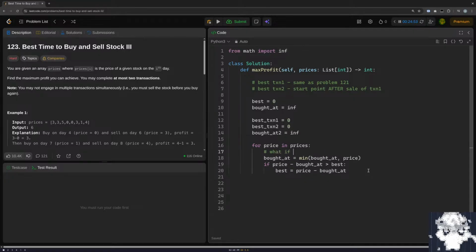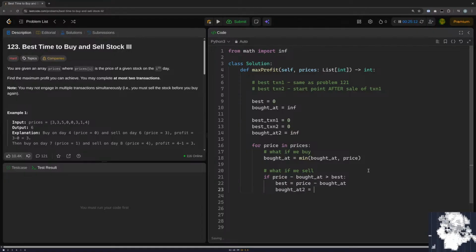So this is what if we buy, this is what if we sell. What if we sell also resets bought at 2 to infinity.